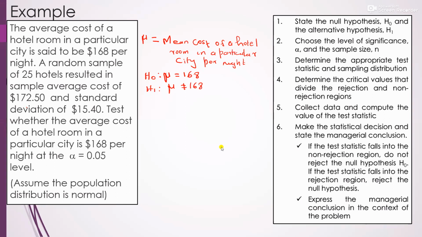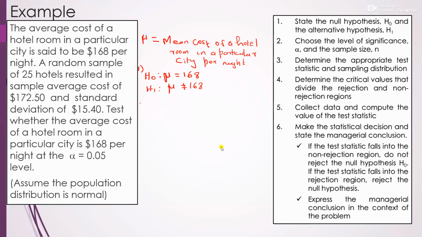But that means that still it is 168. So now we want to check whether the mean hotel charge has increased or not. Right? So for that, we take a sample of 25 hotels, and from that we want to find whether it's still 168 or increased. Right. It's our step 1.